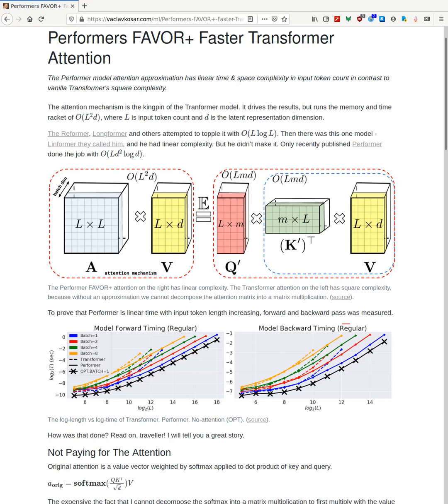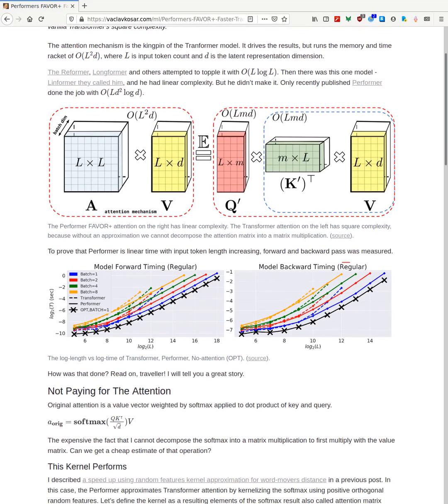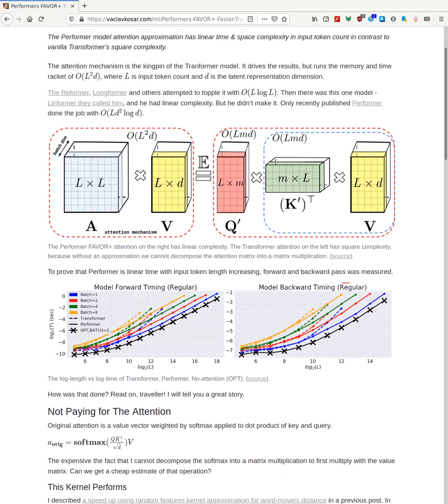So how is this done specifically? The attention mechanism is the kingpin of the transformer model. It drives the results, but also runs into the memory and time problem of input token count squared complexity, as I mentioned, in computation time and memory as well.